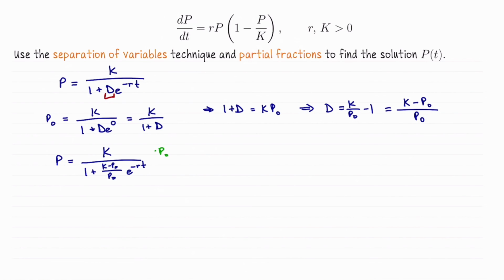Multiply this by p naught divided by p naught, and we get k times the initial population divided by the initial population plus the term k minus p naught, all times e to the negative rt. This is how we find the general form of the solution to the logistic equation.